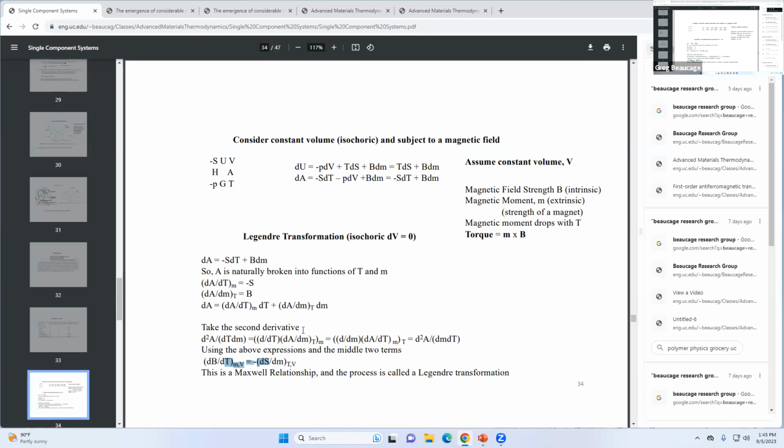And from that, because you know dA/dM at T is B and dA/dT at M is minus S, then you can substitute back in for those two terms, and then you can get the Maxwell relation from that. So taking a derivative expression, then taking the second derivative with respect to another term yields this kind of Maxwell expression, right?